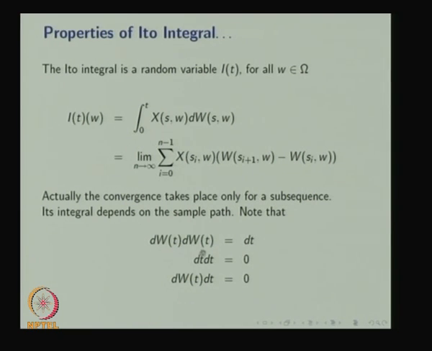Whereas if it is a real valued differentiable function, then the quadratic variation of the function t will be 0, and the cross variation of dW t with dt will be 0. So the quadratic variation with W t will be t, the quadratic variation with the function t will be 0, and the cross variation will be 0. This result will be used when you are finding I of t.